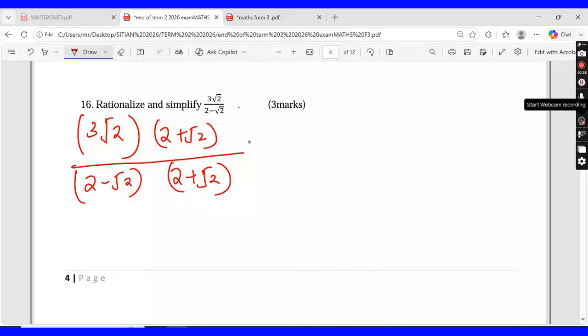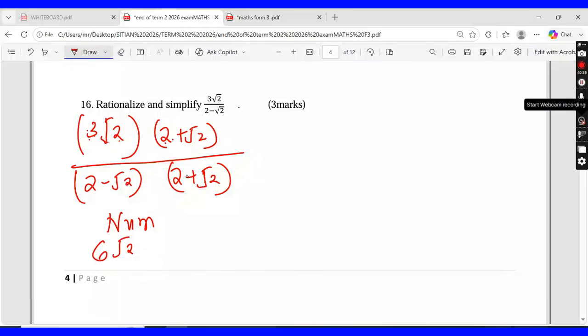Now let's deal with the numerator and finish with it. We multiply 3 root 2 times everything here. So 3 root 2 times 2 is like multiplying 2 times 3 only, that will give us 6 root 2.